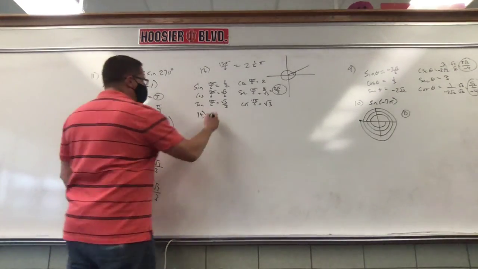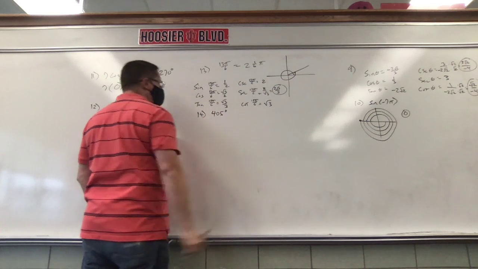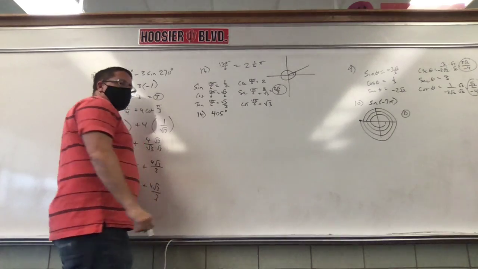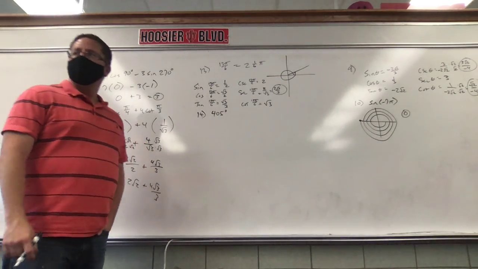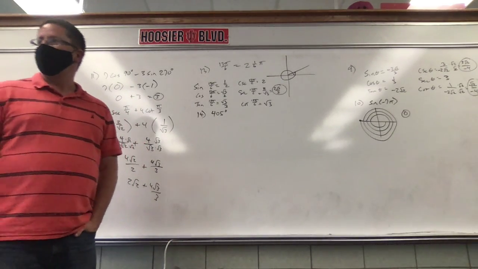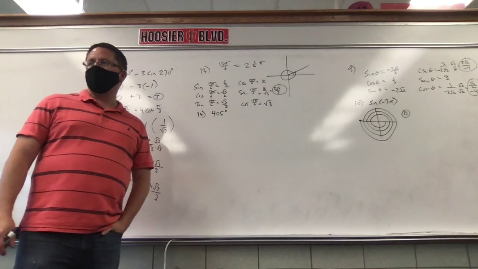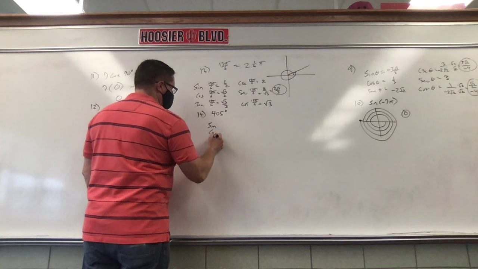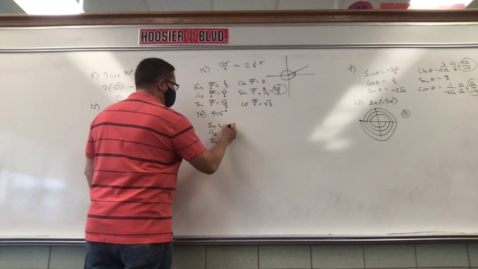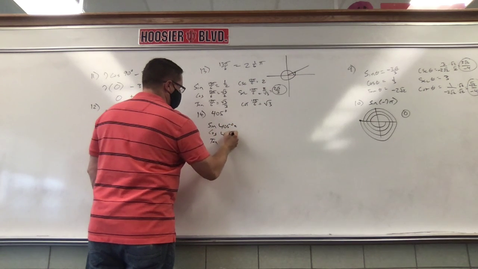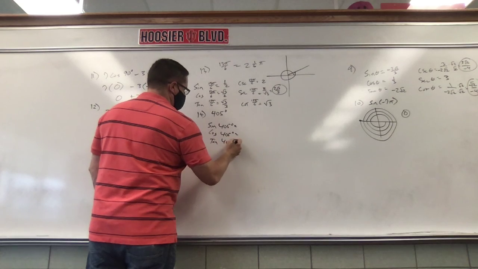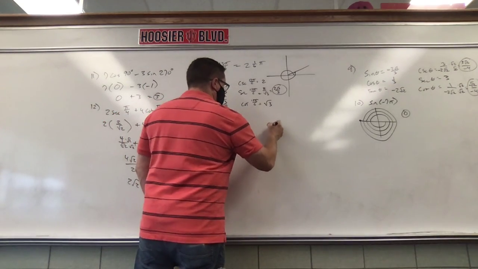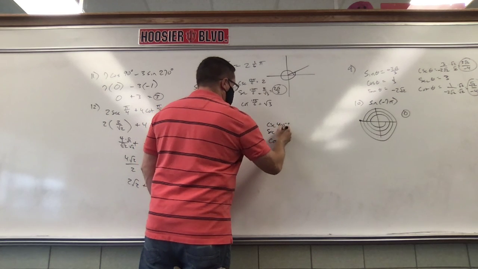Say, 405 degrees, where's that at? Where are you guys going to look? 45. How'd you get to 45? All the way around, 45 more. So sine, cosine, and tangent of 405 degrees, cotangent, secant, and cosecant of 405 degrees.